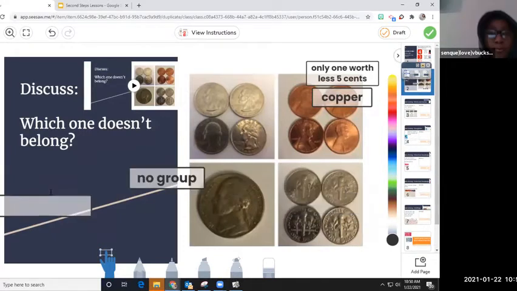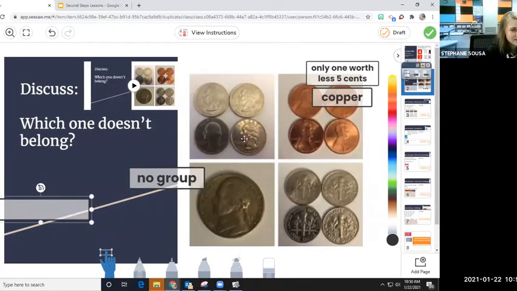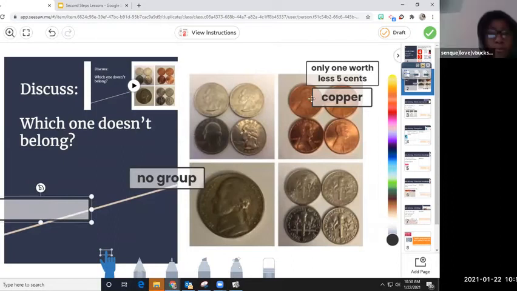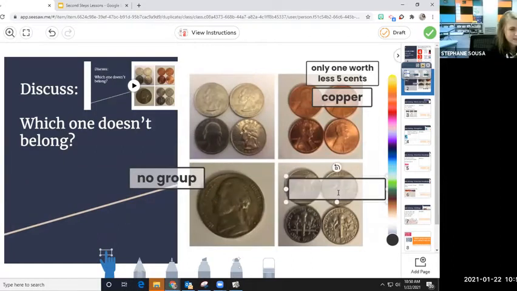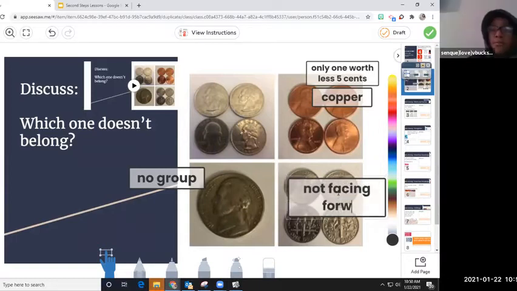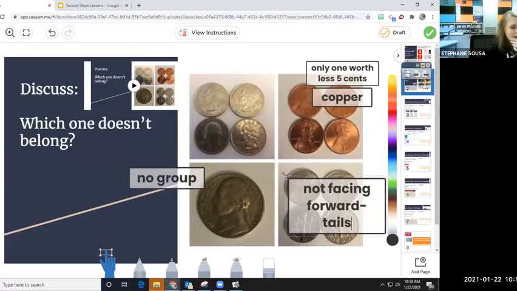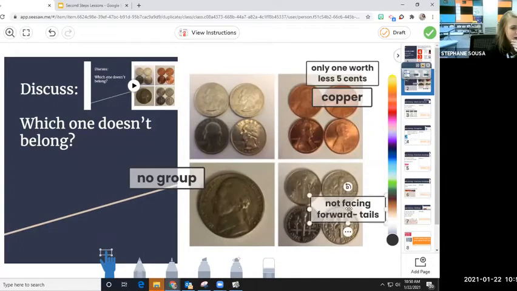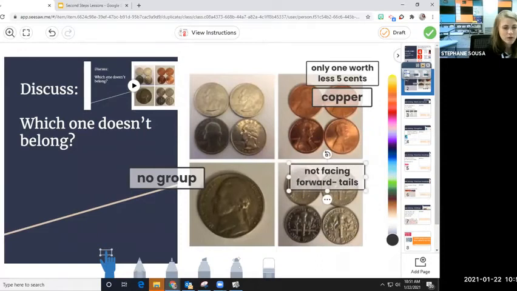I just heard it. Look at that. The nickel has the head side. The quarters have the head side. The pennies have the head sides. The dimes are on tails. So these are not facing forward. They're on the tail side. I did not even notice that. How interesting.